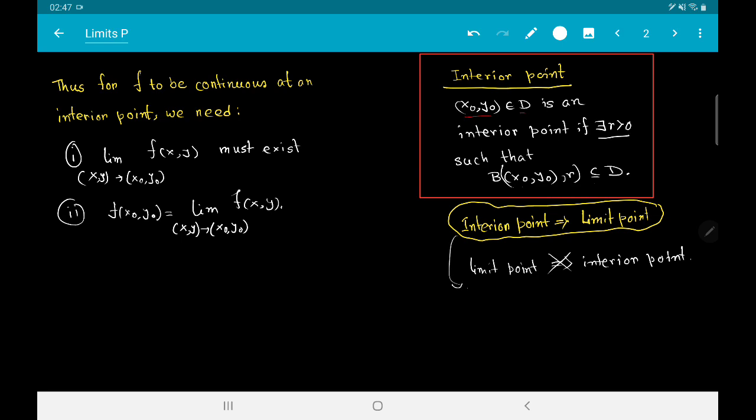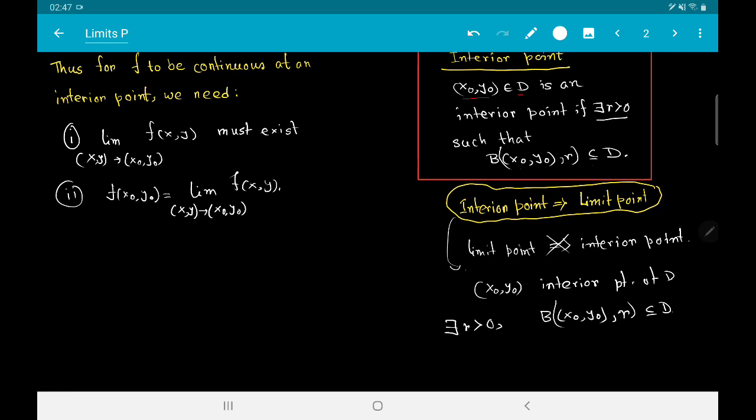So in order to show that, what do we do? Suppose that (x0, y0) is an interior point of D. Then there must exist an r bigger than 0 such that B((x0, y0), r) is contained inside D. Right, but if you take any neighborhood of this point, this must intersect D at a point which is not equal to (x0, y0).